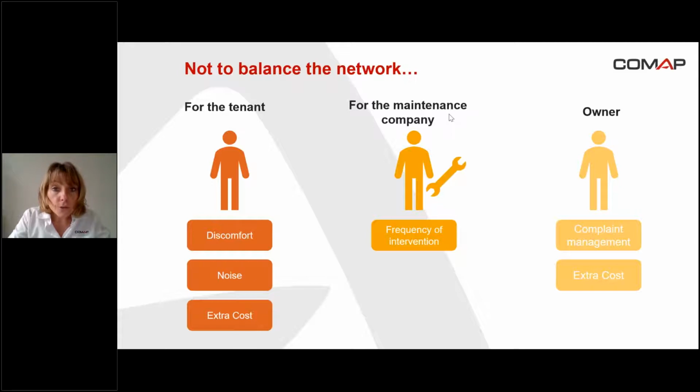For the maintenance company, that means a higher frequency of intervention in order to boost the pump, and also to repair if there is a leakage. And for the owner, for example, the social landlord, that means managing the complaints, and there is also an extra cost. So it's necessary to balance the network.